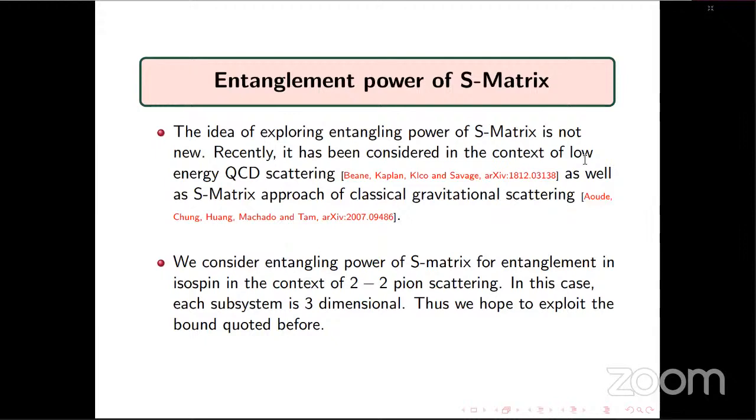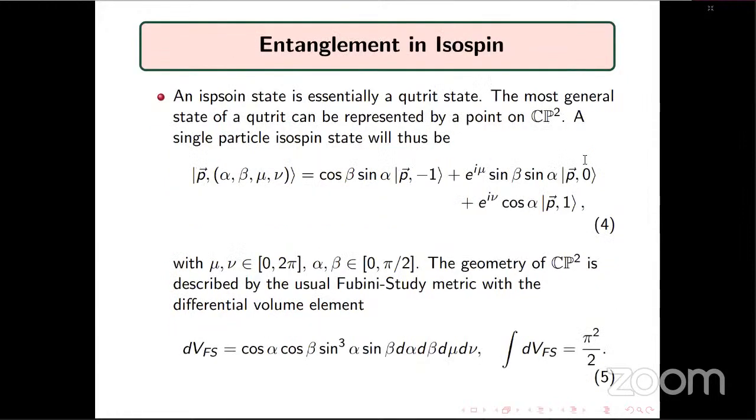Then you can go for finite dimensional degrees of freedom, like isospin, possibly spin. We took isospin because spin is a little problematic for relativistic particles. In this case, each subsystem is 3-dimensional, which is finite. So we hope to exploit the bound I quoted before to constrain properties of this S matrix.